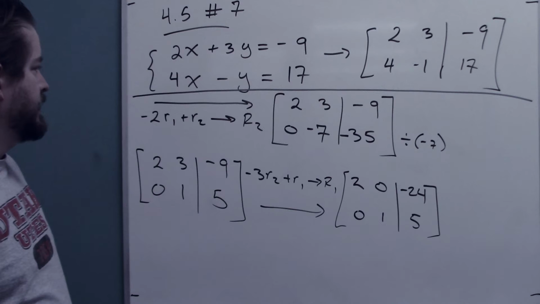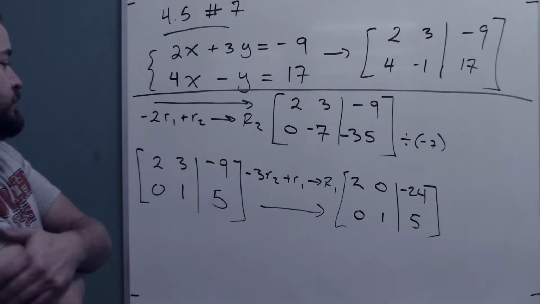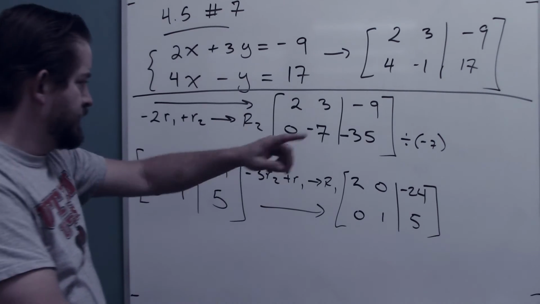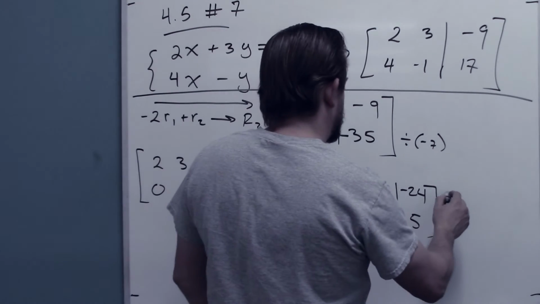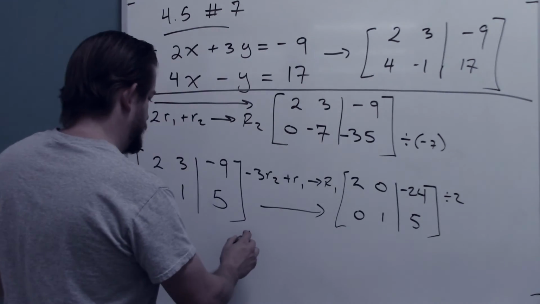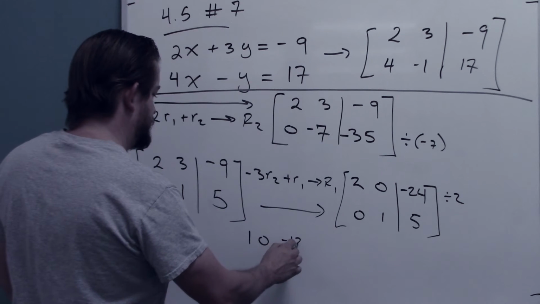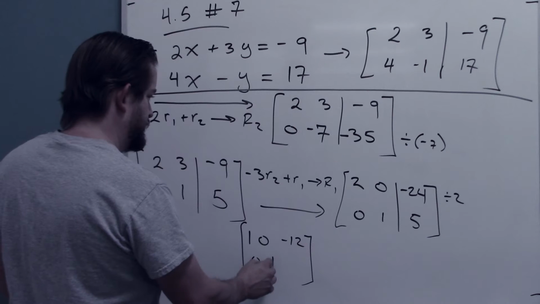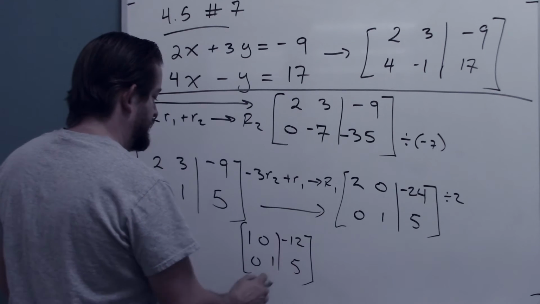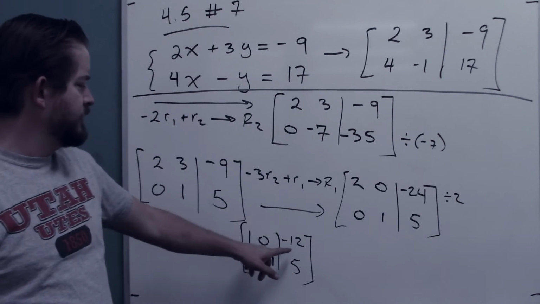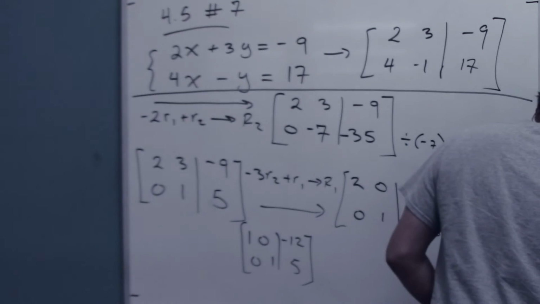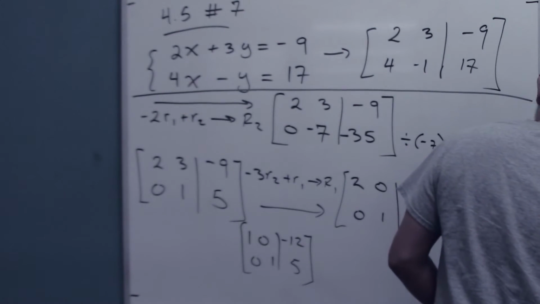I seem to think that that might be too big, but it might not be. I don't know. We'll try it. Divide the top row by 2, and I end up with 1, 0, negative 12, and then 0, 1, 5. There may be a mistake. I don't recall the number being that big, but let me plug it in and we'll see. I might just be right anyway.